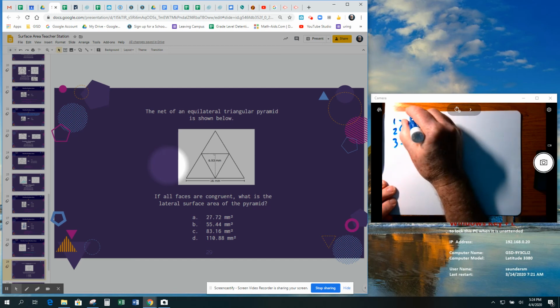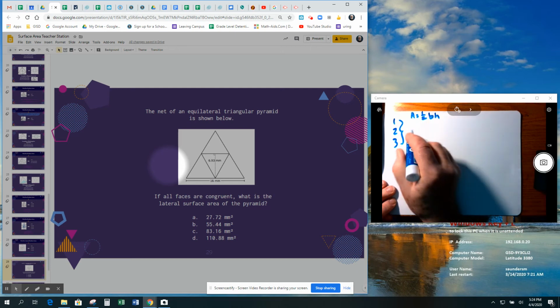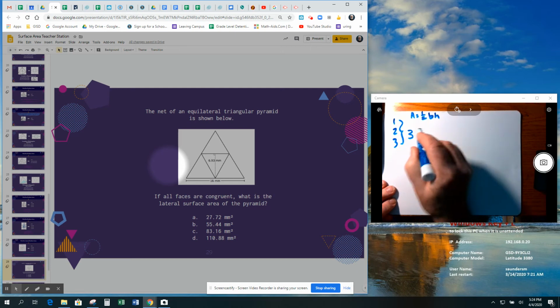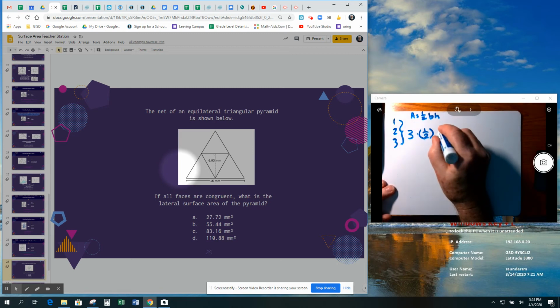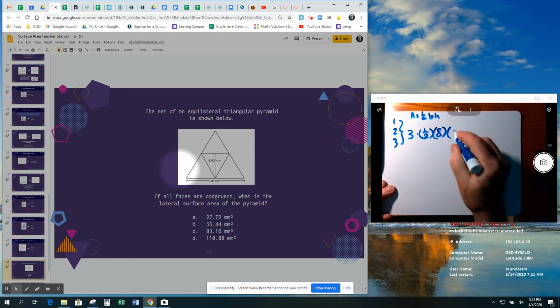Remember, area equals 1/2 base times height. So I have 3 times 1/2. And the bases, we said, are all the same. We said there's 8 because there's 1 base plus 1 base, and the total is 16. So 16 divided by 2 is 8. So 8. And they gave us the height is 6.93.